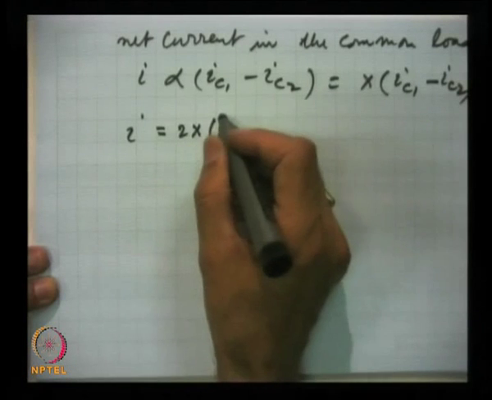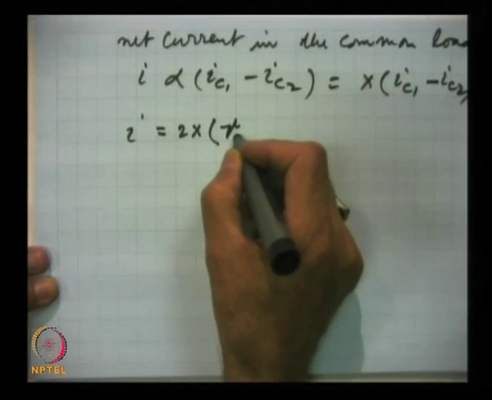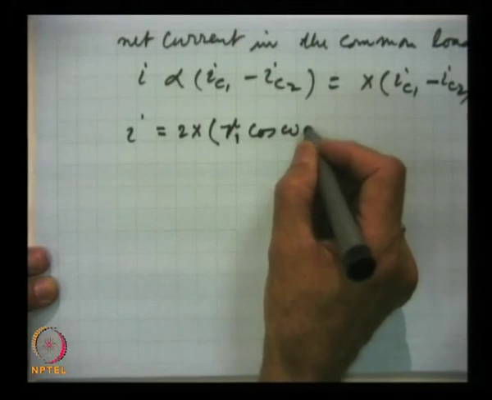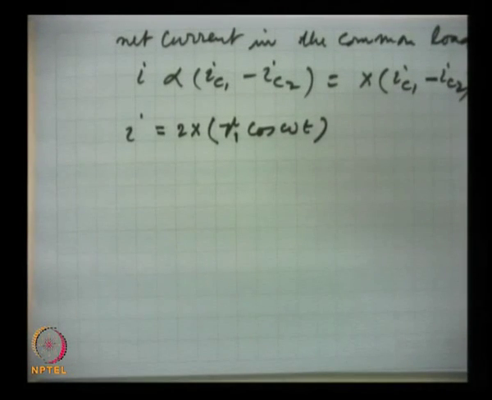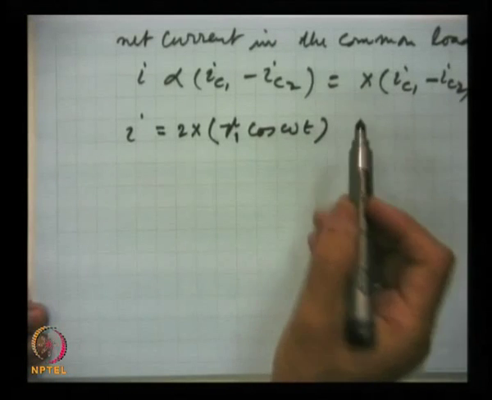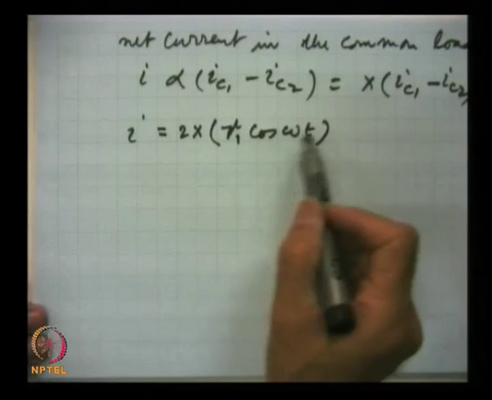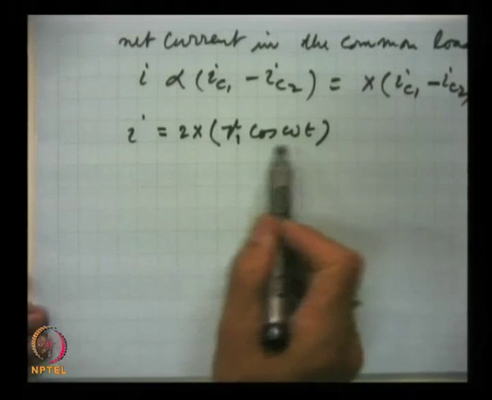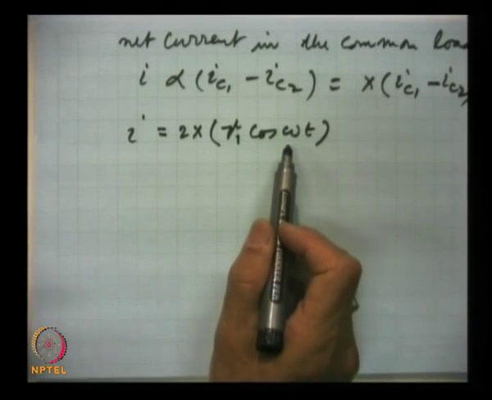So, that will be gamma 1 cos omega t. We are seeing that the second harmonic is completely absent and only the pure signal frequency is there; all harmonics are absent.